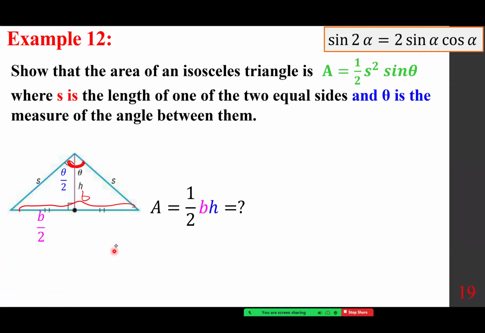So if we use this triangle, sine of this angle, sine of theta over 2 is the opposite, which is b over 2 over the hypotenuse, which is s. Sine of theta over 2 is b over 2 over s.